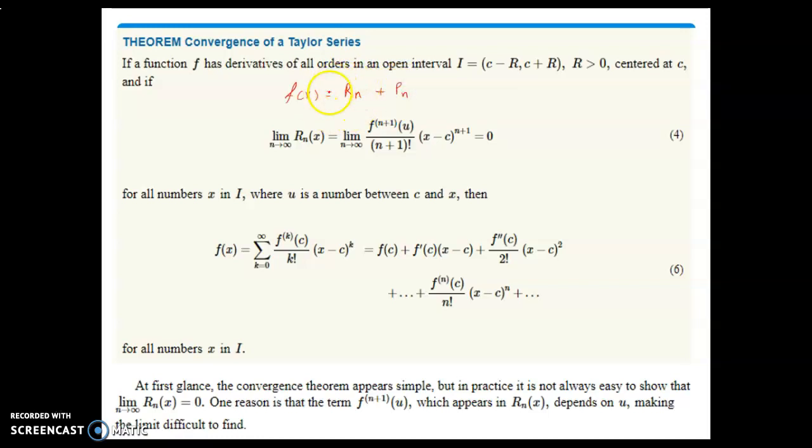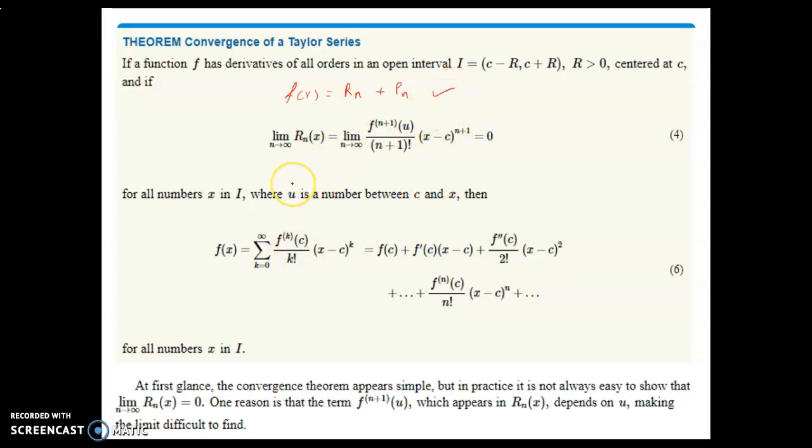R of n here is known as the remainder after we get p of n, which is the Taylor polynomial. If r of n goes to 0, then according to the theorem, the function converges.